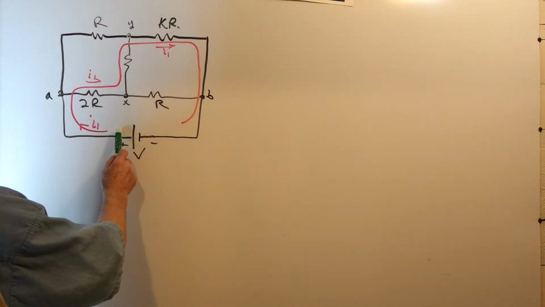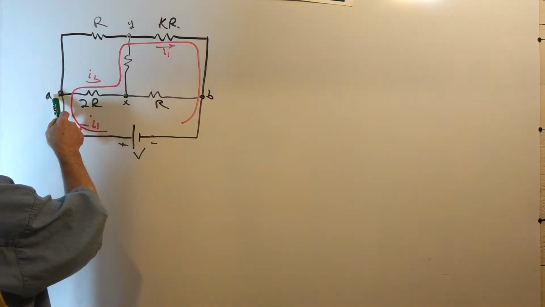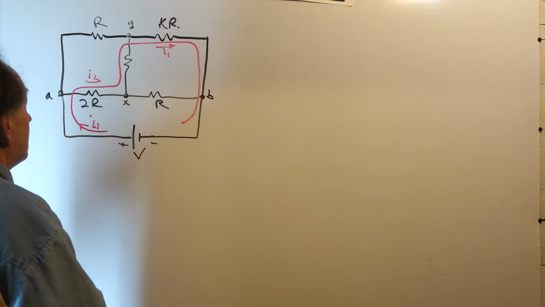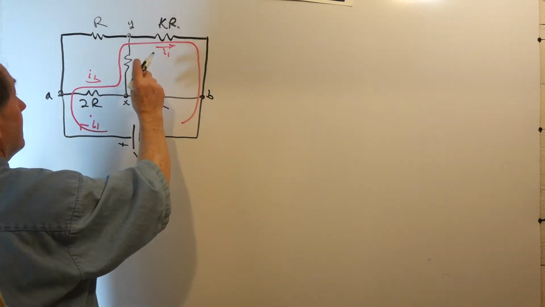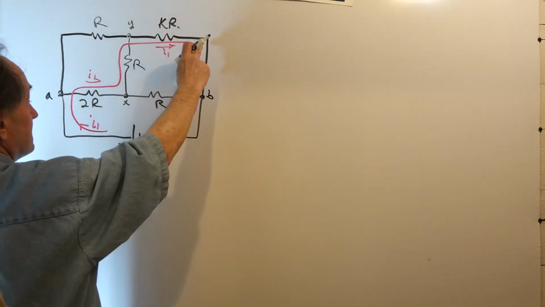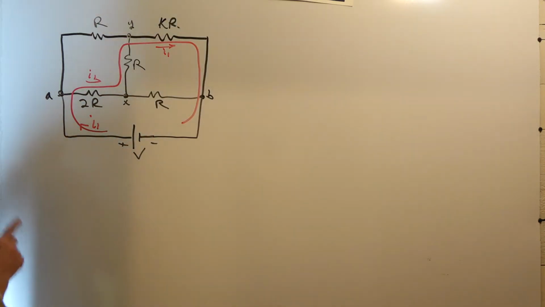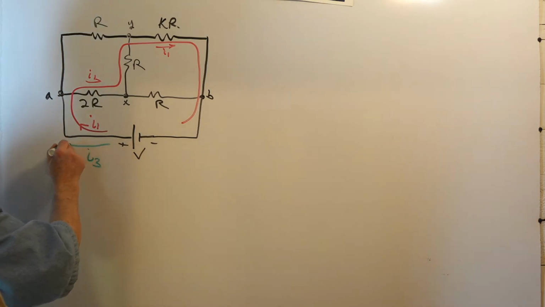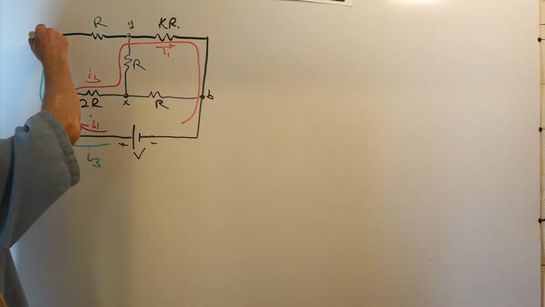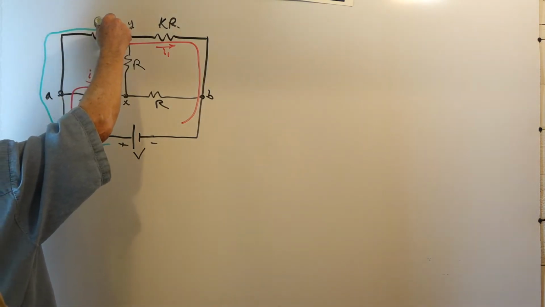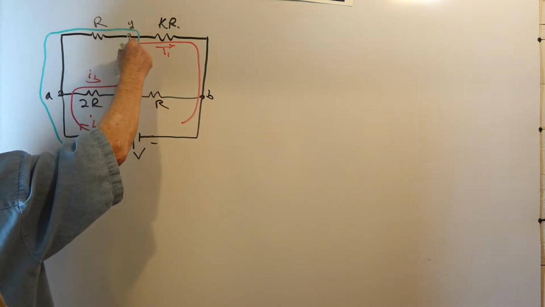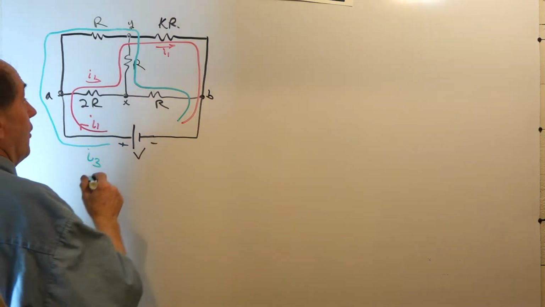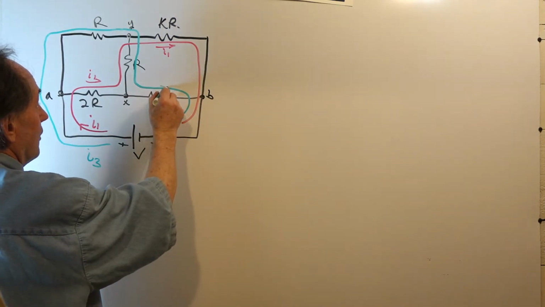Our I1 current leaves the voltage source, goes to node A, through the 2R resistor to node X, up through the bridge resistor R, then through the KR resistor, and back down to the voltage source. My I3 current leaves the voltage source, goes up through node A, through the upper resistor to node Y, down through the bridge resistor, and over the lower right resistor.